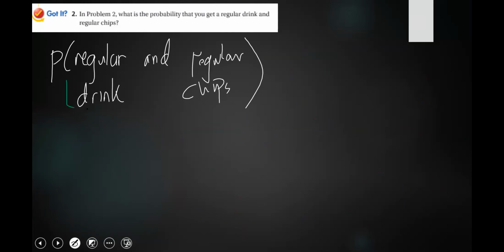Event A is getting a regular drink. Event B is getting regular chips. Now, if I get a regular drink, does it affect the number of regular chips? No, they are both different, so they are independent. So I will say it is the probability of regular drink times the probability of regular chips.